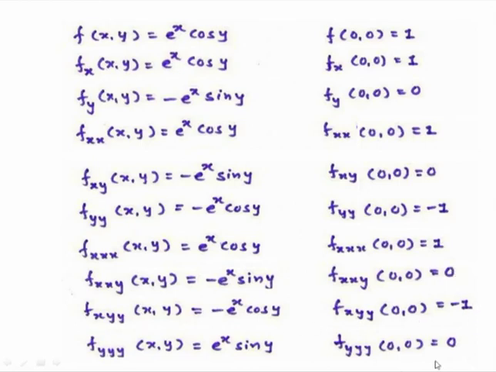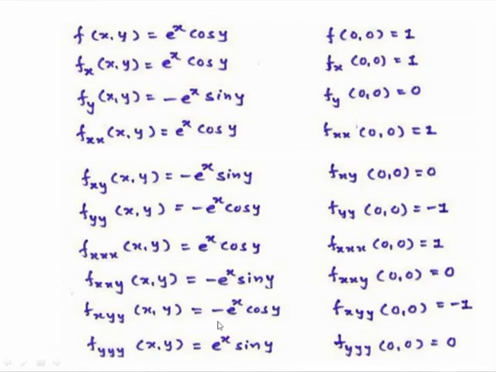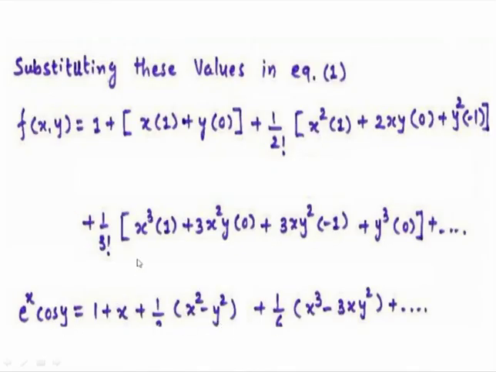We have to remember and substitute those values: 1, 0, minus 1, 0. So x cube into the third order partial derivative of f with respect to x twice and y once. So this value is 0 and similar for this.